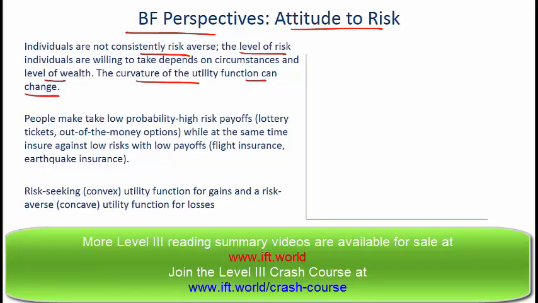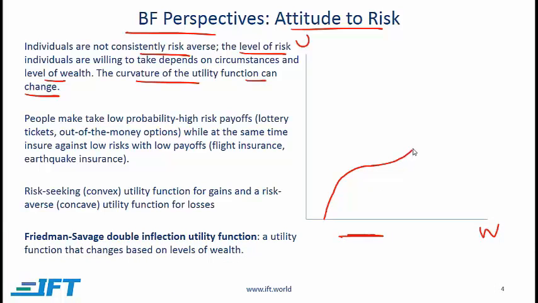So now if we consider the utility function where we have wealth on the x-axis, utility on the y-axis, we can have a situation like this where an individual is risk averse for a certain level of wealth, and then an individual might actually become risk seeking and potentially at very high levels of wealth risk averse again.